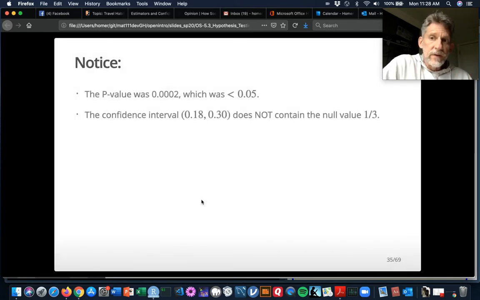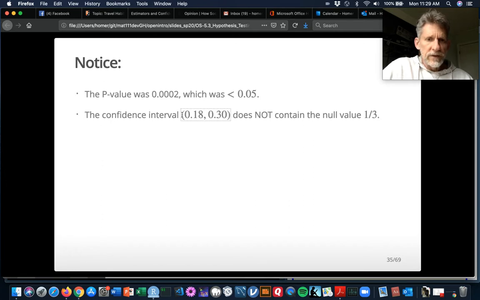So I'd like you to notice these two things. The p-value was very small, and indeed it was less than 0.05. I think the p-value is actually more than 0.0002. That may be an error. I think it was like 0.005.